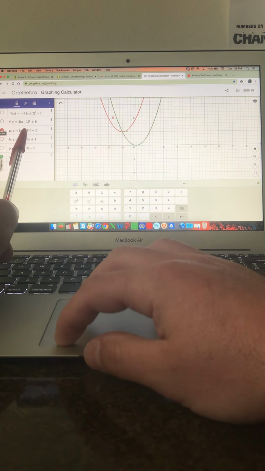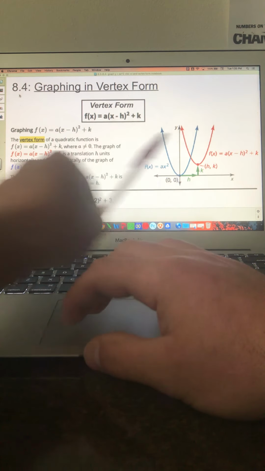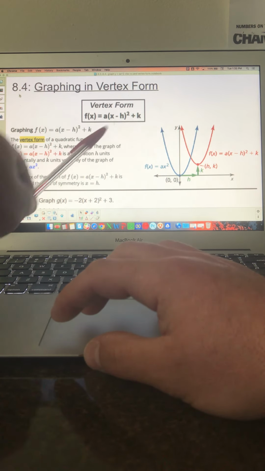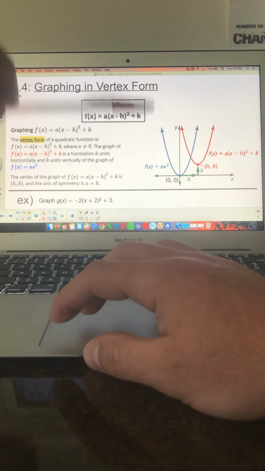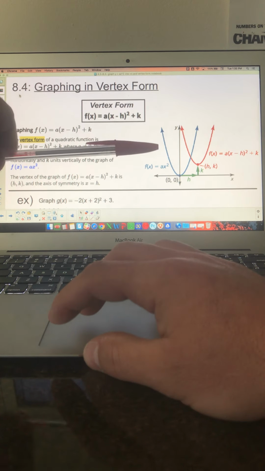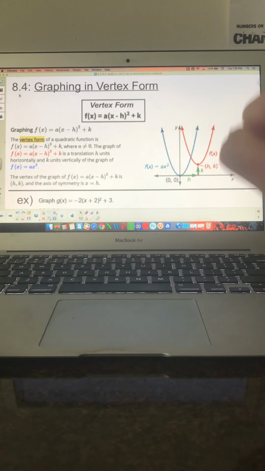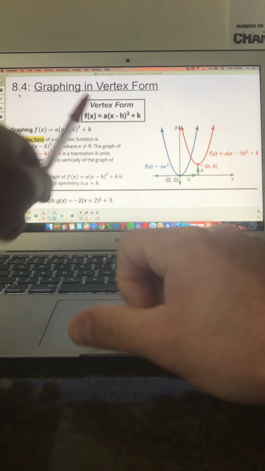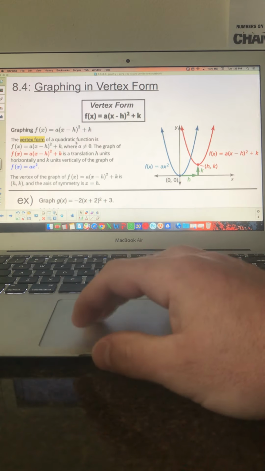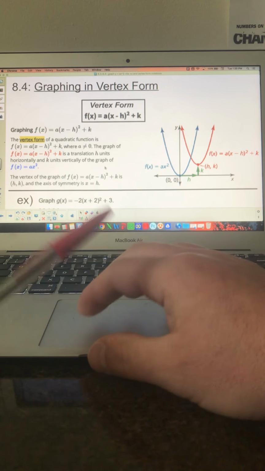So the number inside of that parenthesis is going to tell us which way it shifted horizontally, thinking opposite, and the number outside is telling us which way it shifted vertically. And that is the vertex. Those numbers are the vertex in place of H and K. So hence vertex form.